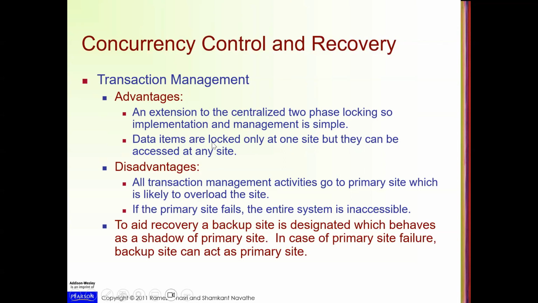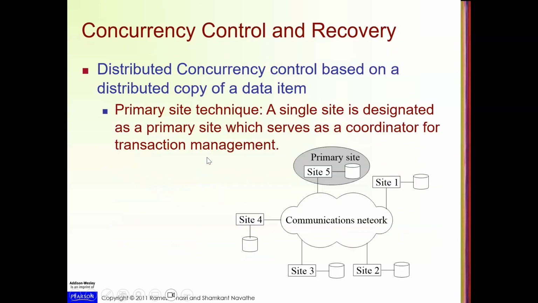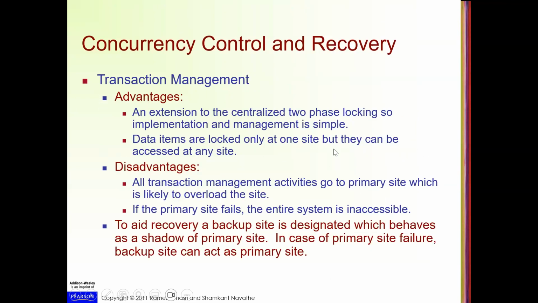Data items are locked only at one site, but they can be accessed at any other site. Whenever a lock is needed, for example at site 4, the data item is locked in site 4, yet the data item can still be accessed in other places. And who is taking care of doing that? The primary site is taking care.